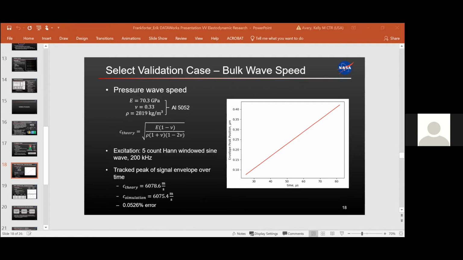One of the nice things about this is that by tracking the propagation of the wave field over time, we're able to compare to a well-known theoretical bulk wave speed, and show that we get a correspondence and convergence towards this value to within numerical error, depending on discretization. And with the simple case, you're able to show that for all of these cases at hand. Slide 19, please.